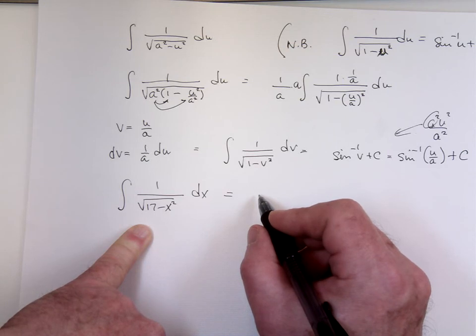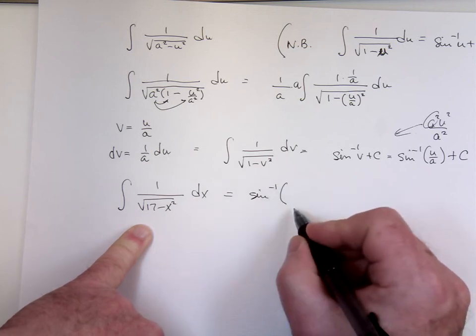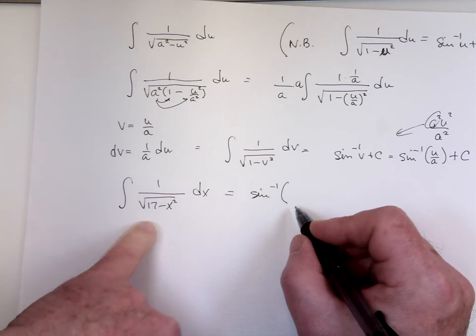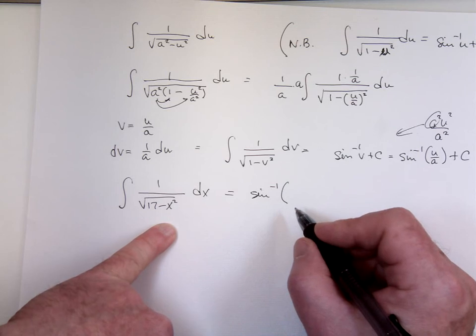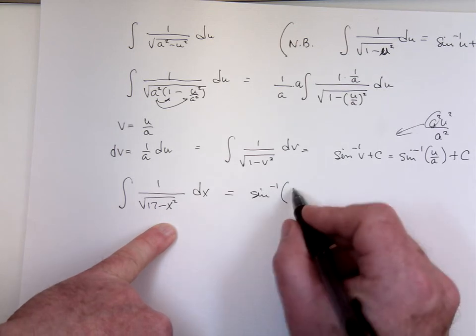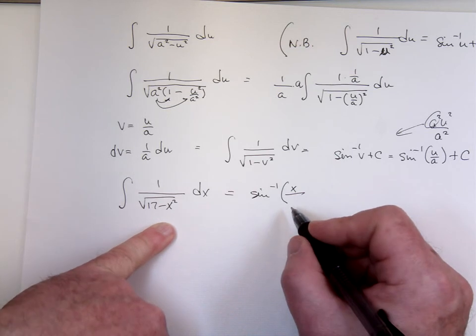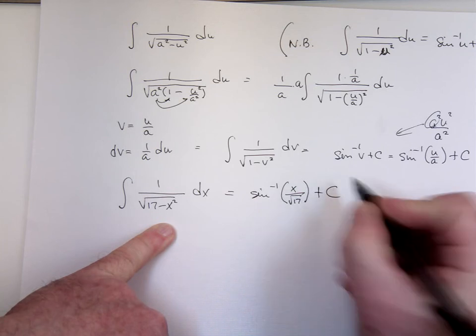It's inverse sine of x over the square root of 17. That's your answer. Why? Because what do we have here?